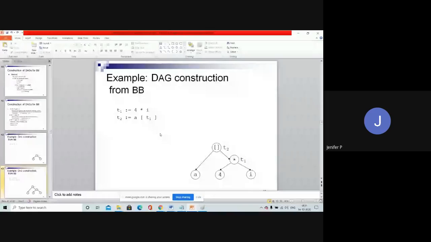Now, if we look at the difference between a DAG and a syntax tree, what is a syntax tree? The same thing you are using. What will be in the leaves? It contains the operands. Then at the interior nodes you have the operators. Right? But extra in a DAG you have the labels.